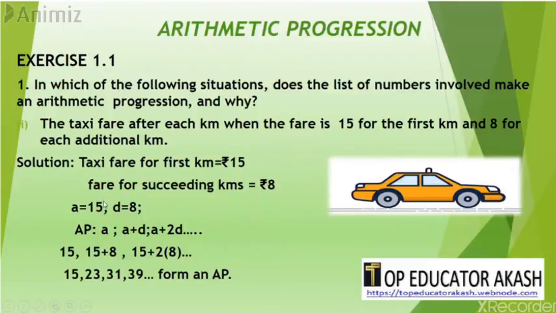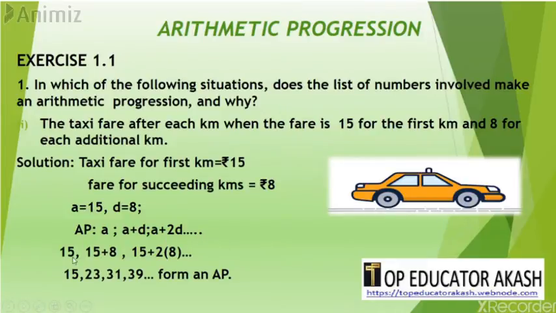Here we will get that the first term, that is A, will be 15, and as it is rupees 8 for succeeding kilometers, then D will be 8. Now AP is equal to A, A plus D, A plus 2D, and so on.